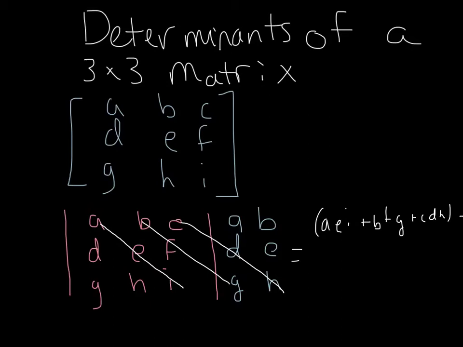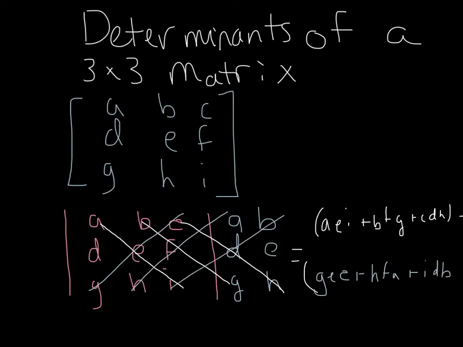And then you subtract from that GEC, HFA, and IDB. And that is how you get the determinant of a 3 by 3 matrix.